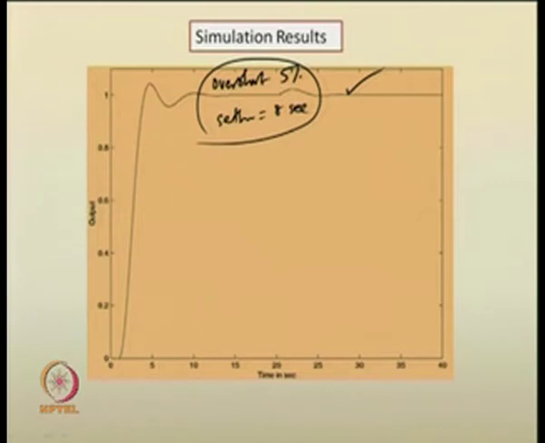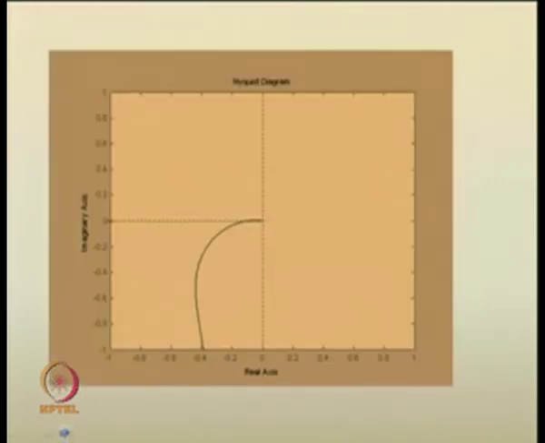Coming to the other analysis, frequency response of the closed loop system, the Nyquist diagram of the closed loop system can be drawn in this case, for which we need to get the loop gain GC G(S).